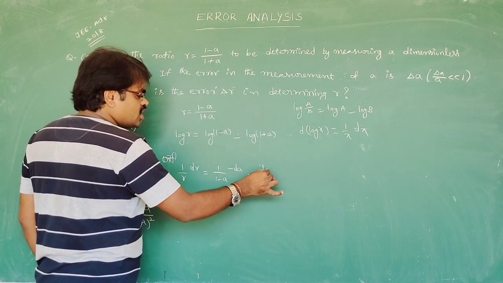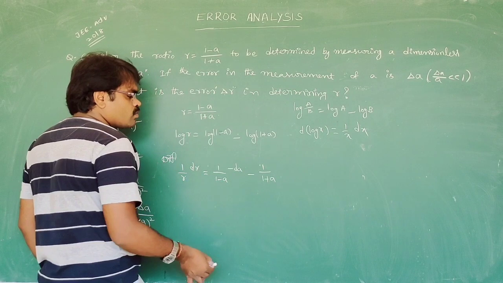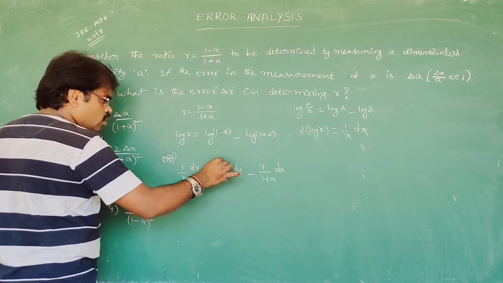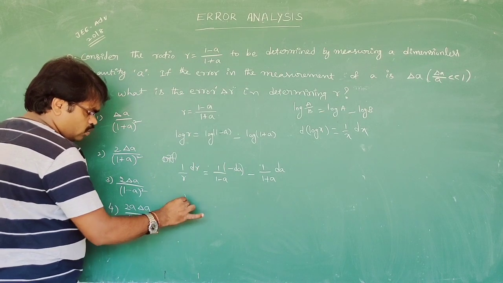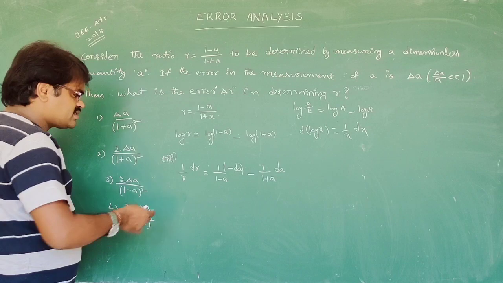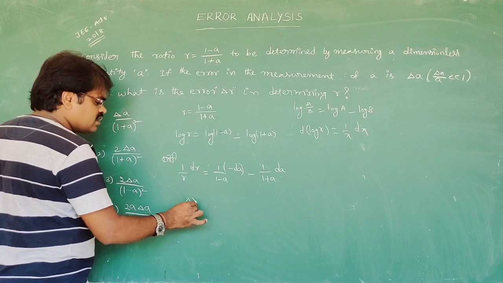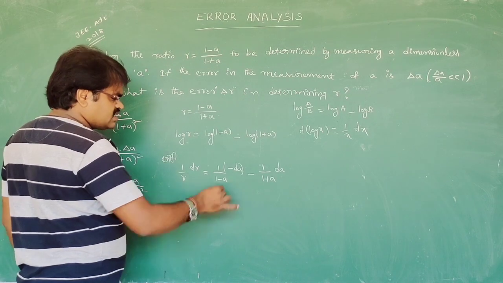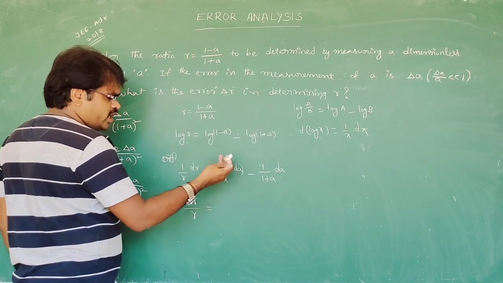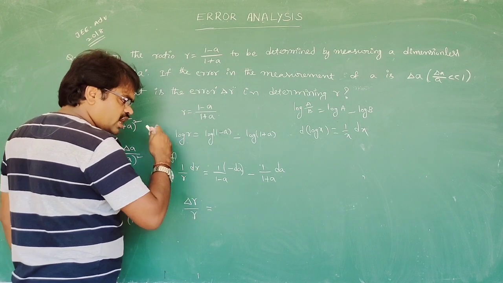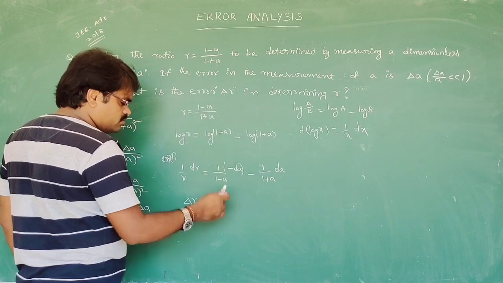Minus. It is also 1 plus 1 by A, 1 by 1 plus A. Let's differentiate that with respect to A. Now, in the 1 by R, we write in terms of errors. dR can be written as delta R by R. We write the error only as positive, so we can leave out the negatives in the terms.